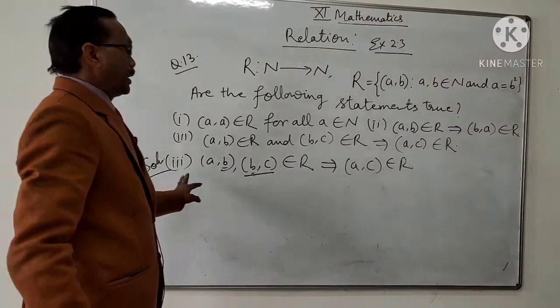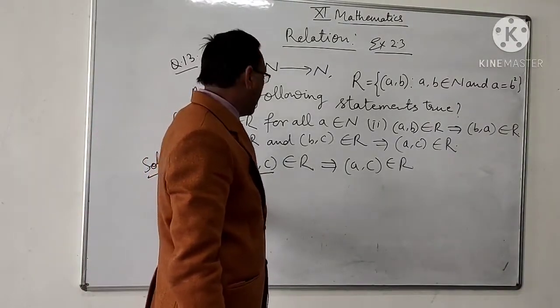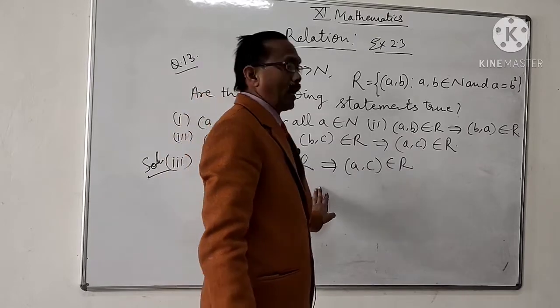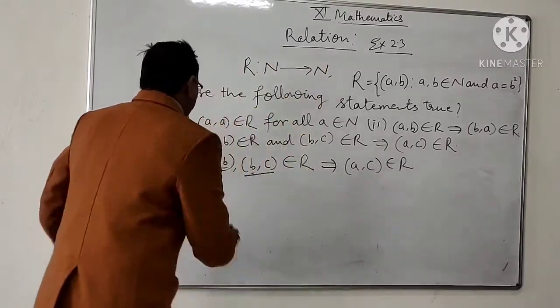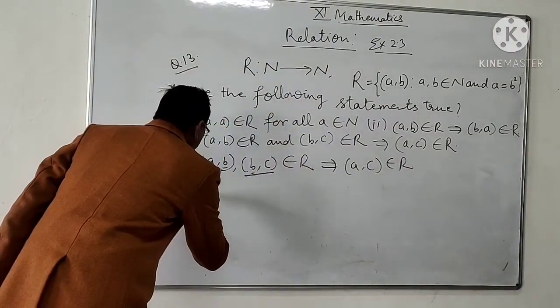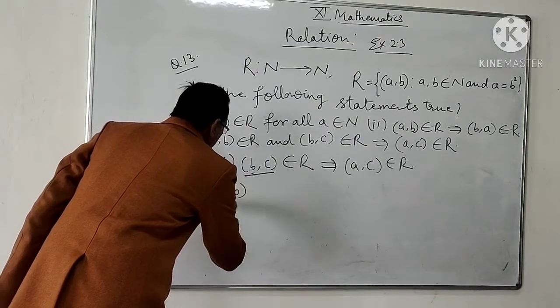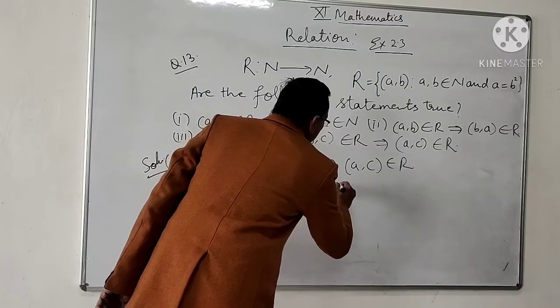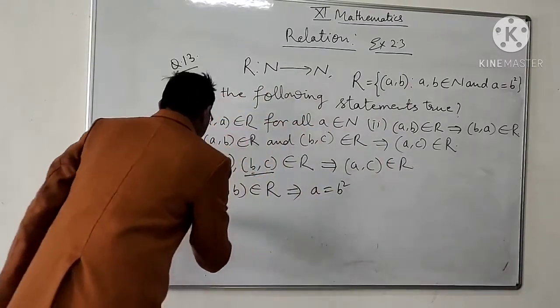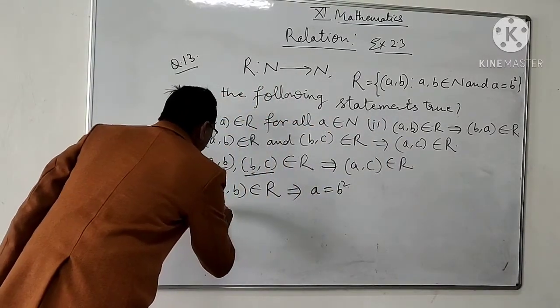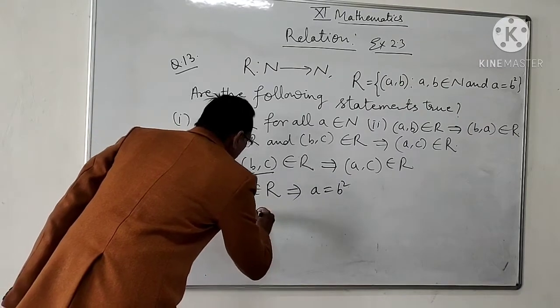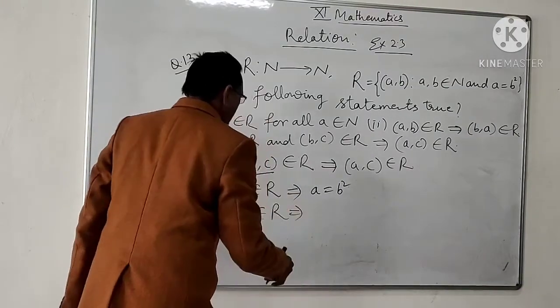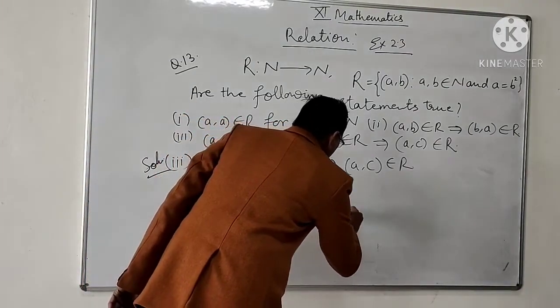Student, here two ordered pairs (A, B) and (B, C) belong to R. So we will see the condition. If (A, B) belongs to R, this implies that A equals B square. And if (B, C) belongs to R, this implies that B equals C square.